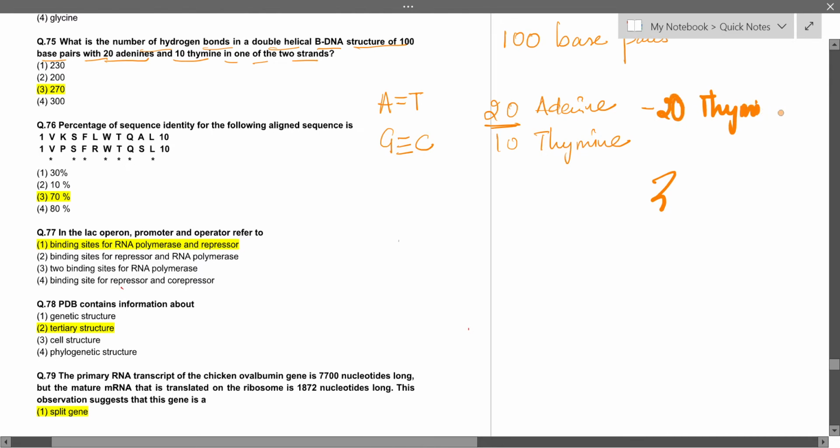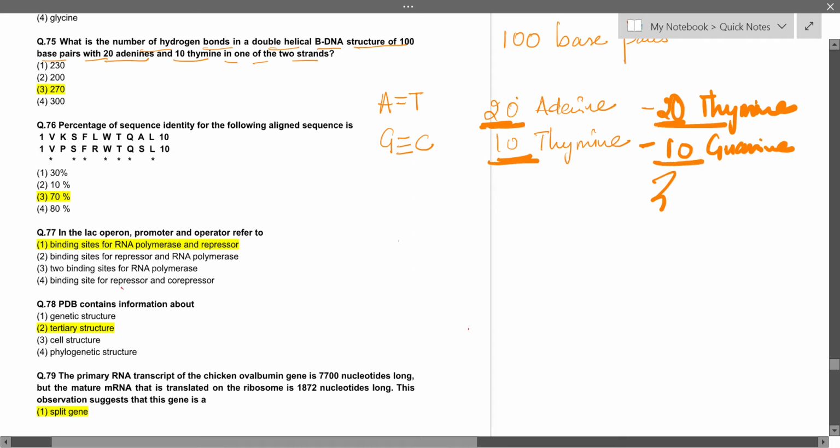And if there are 10 thymine here, that means there are 10 guanine here. So total here: 20 adenine, 20 thymine, 10 thymine, 10 guanine.